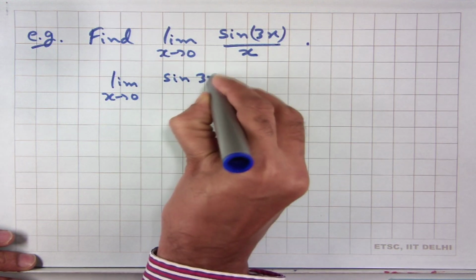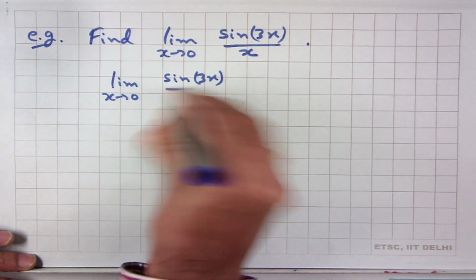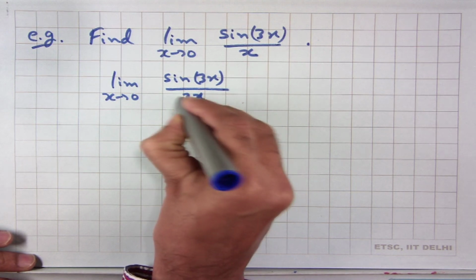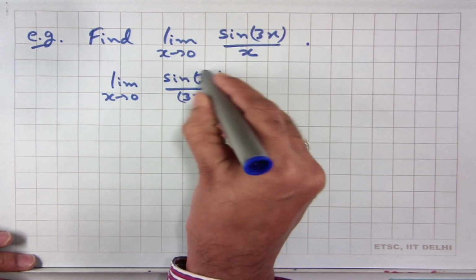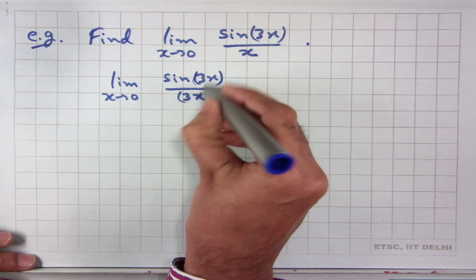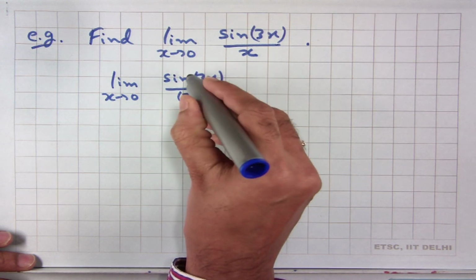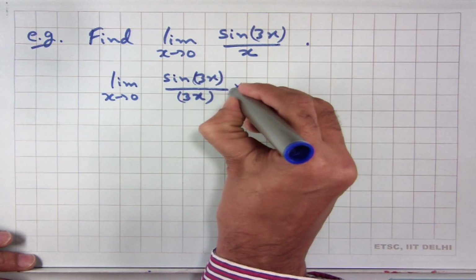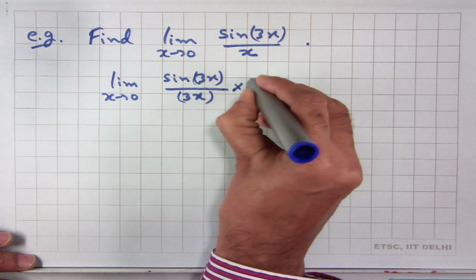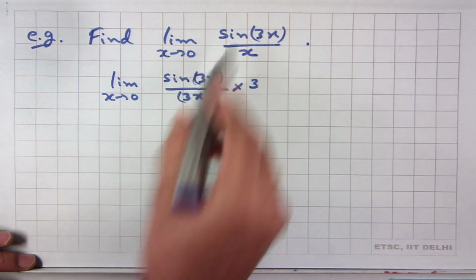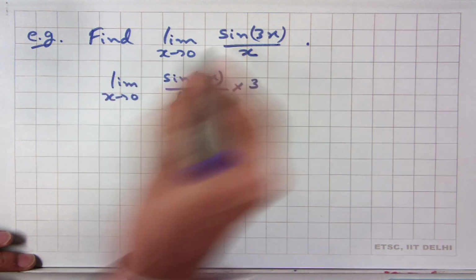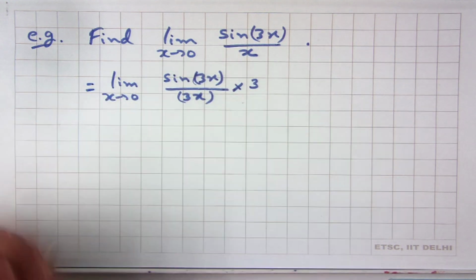of sin 3x divided by 3x. Whatever is inside sin, I am dividing by that. This limit is equal to 1, but then I have to multiply by 3 to get the same function.